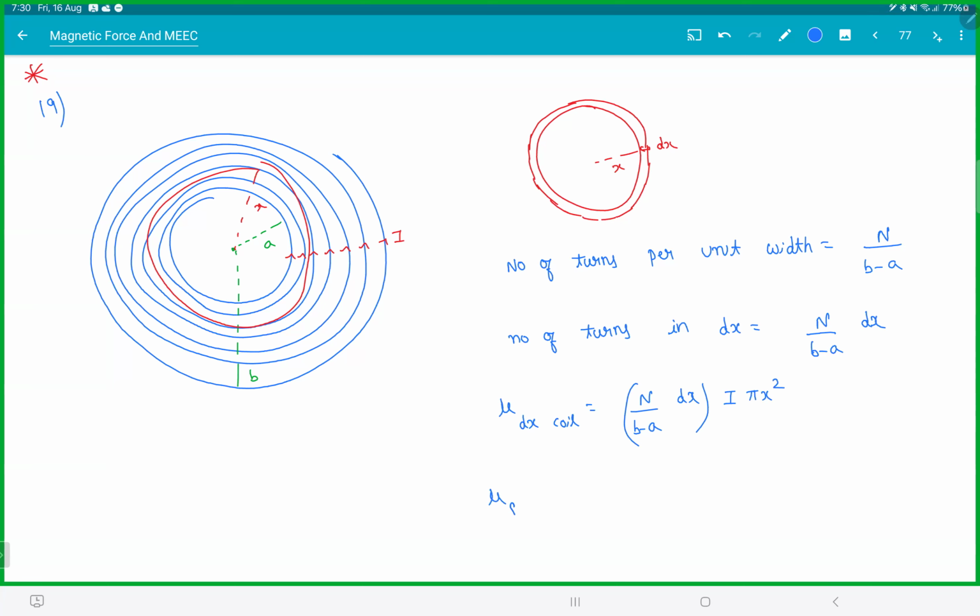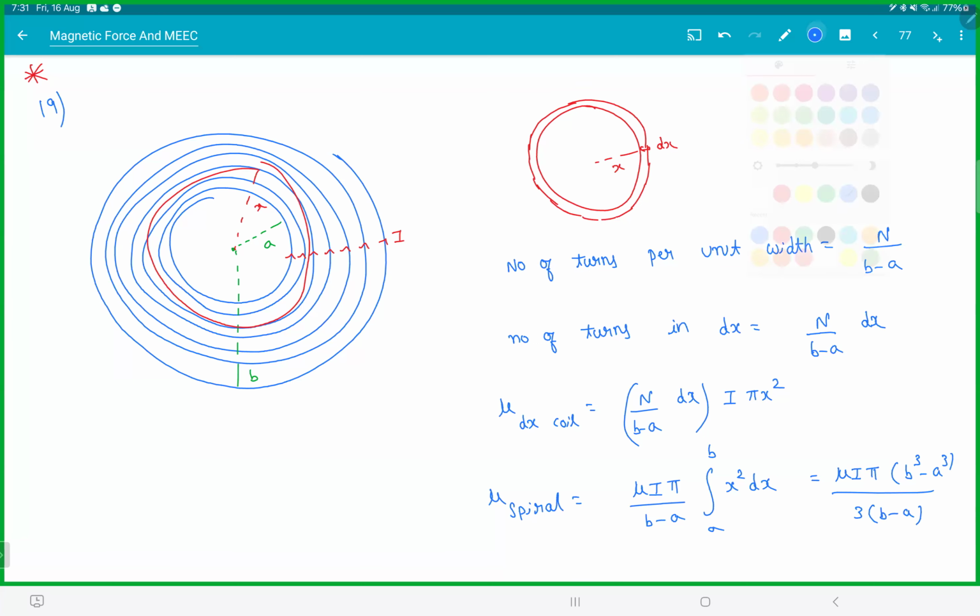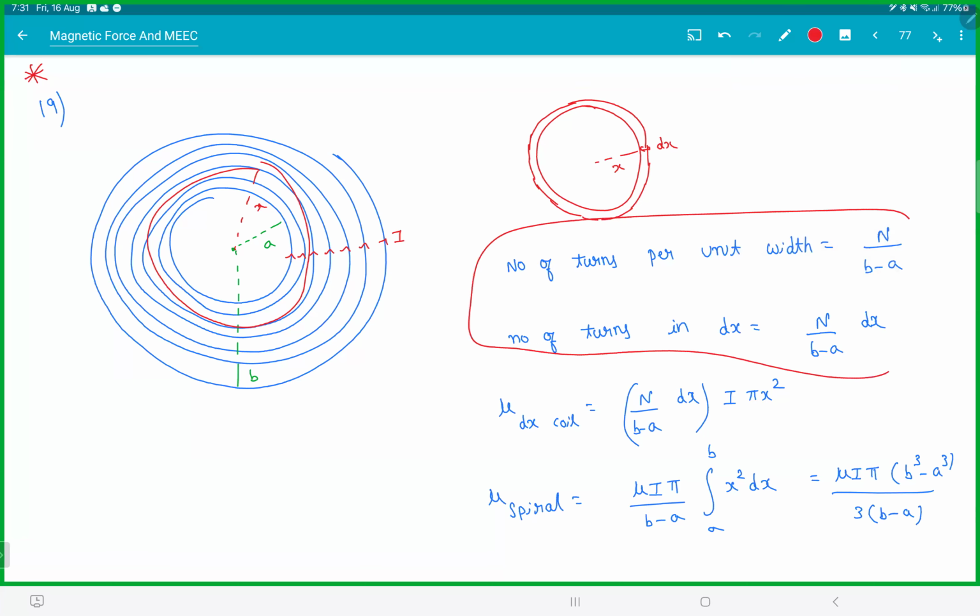So the magnetic moment of the spiral would be the integral: n I pi by b minus a, integral of x square dx going from a to b. So it will be n I pi by 3 into b cube minus a cube. You can further simplify that, but the main idea is that the number of turns in the dx is n by b minus a into dx, and from there you will get it.